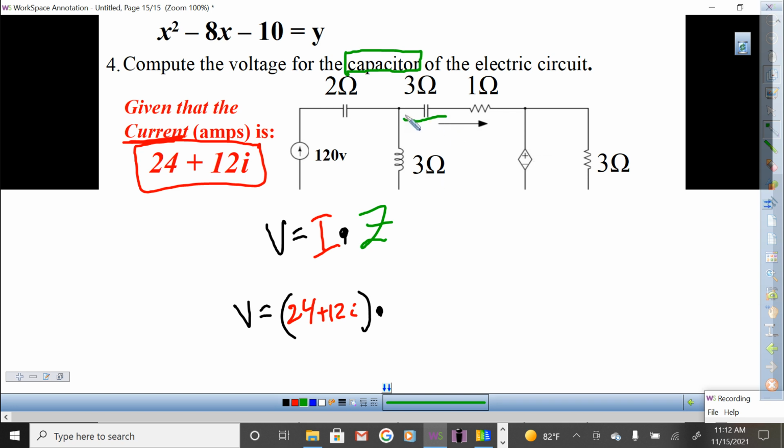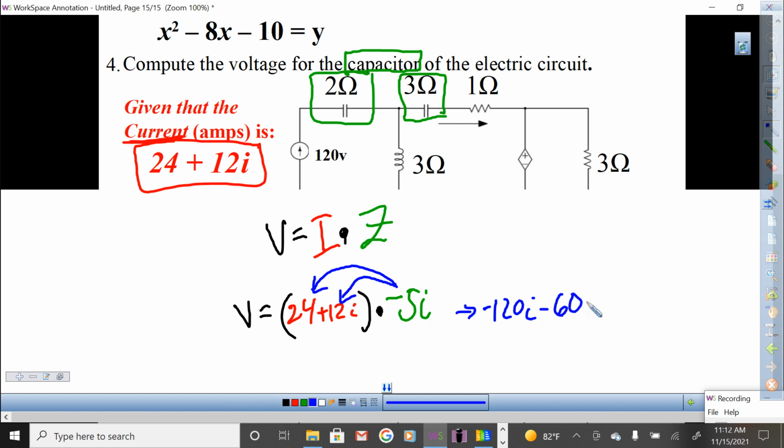3 and 2, so that's how many? 5, and it's imaginary, and it's negative, so it's negative 5i. You guys remember these, yes? Oh, yes. So 24 times negative 5, that's negative 120i. 12i times negative 5i, that's negative 60i squared. Am I done?